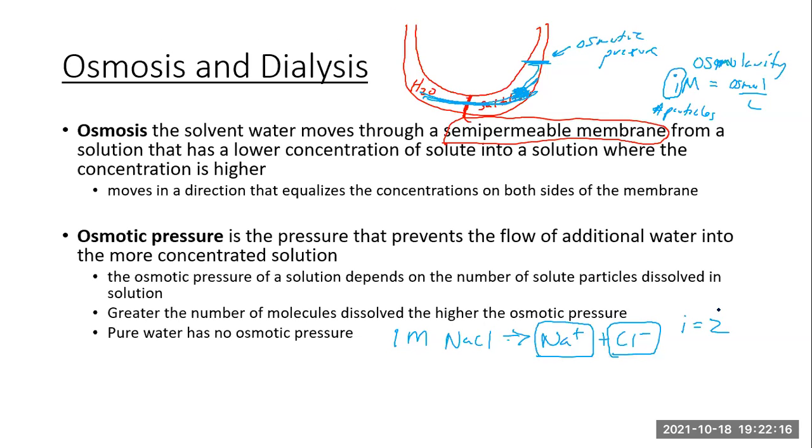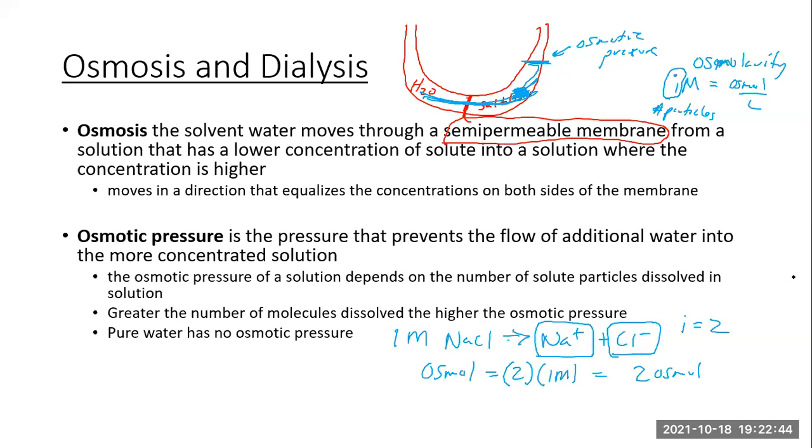Again, it's just the number of particles or ions that are present. That means if we wanted to calculate the osmolarity, we would take 2, which is the i value, times the molarity, which is 1 molar, and we would end up with 2 osmolarity as our osmotic pressure concentration.